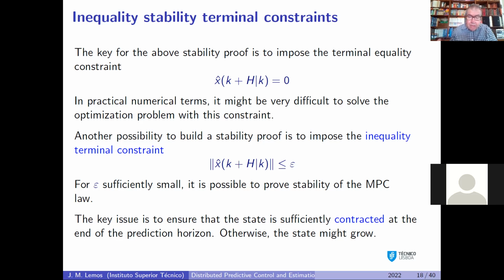And remember that you are optimizing over a finite horizon, then you are repeating the optimization. So you want this to be stable. And if you squeeze your terminal state, that means that you do not allow this escape factor.